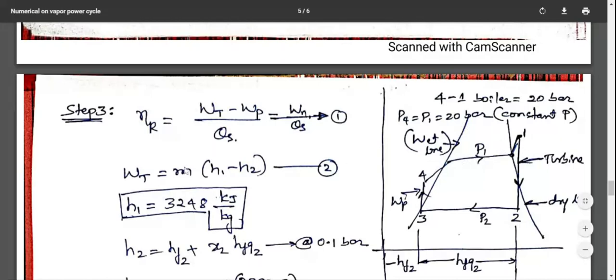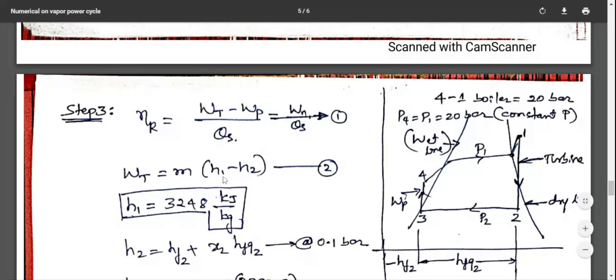So work done by the turbine is equal to m dot (h1 minus h2). Again equation number 2. Has he given the value of m here? No, he has not given the mass flow rate of steam, so I will not consider m here. I will take m is equal to 1.